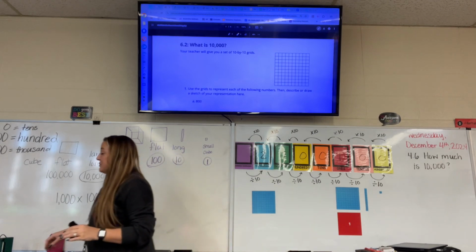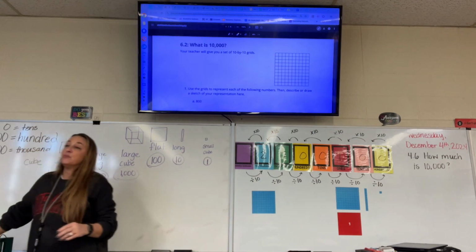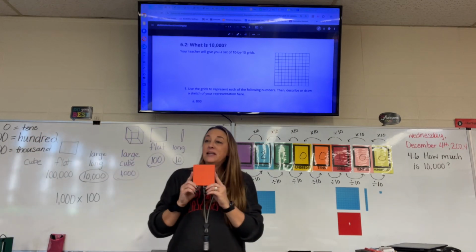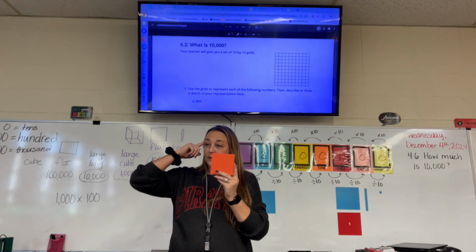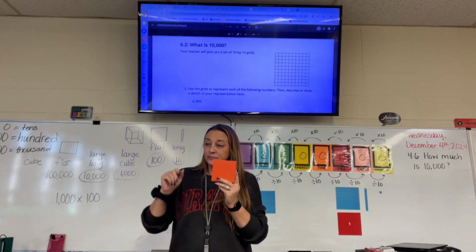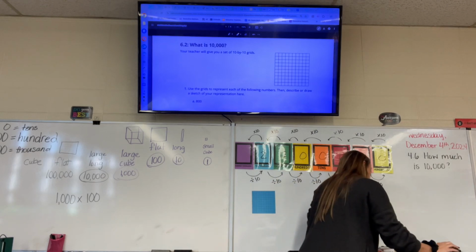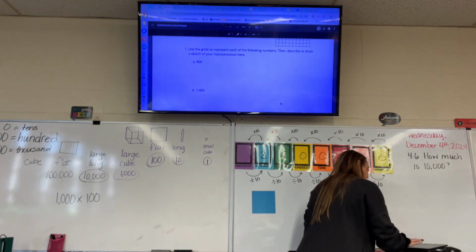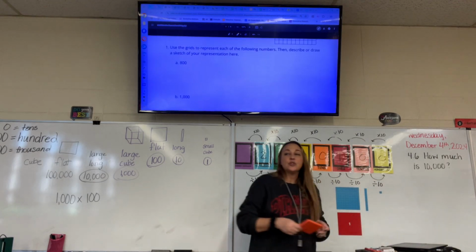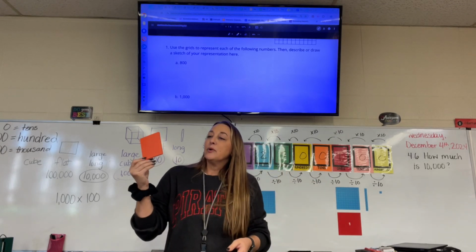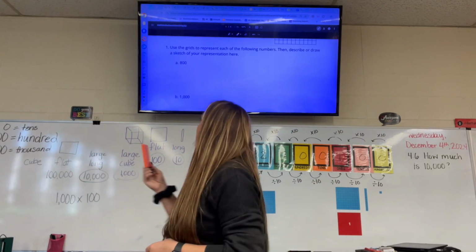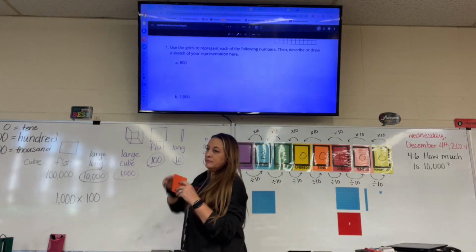We're not going to do the 10 by 10 grids because we're going to use these in our mind. Okay? Use the grids to represent each of the following numbers. So how many of these, Harbor, would it take to make this number?